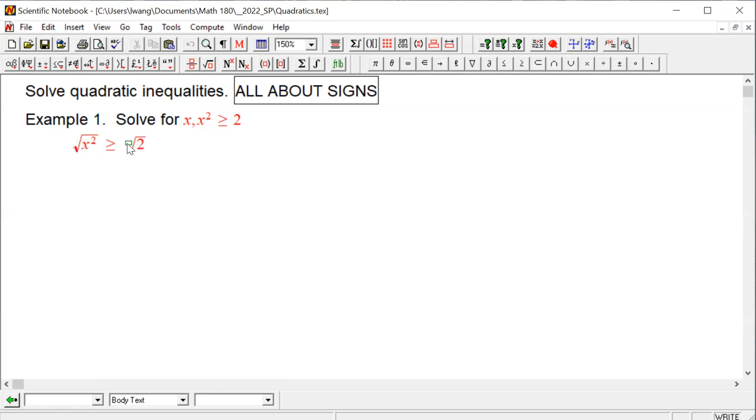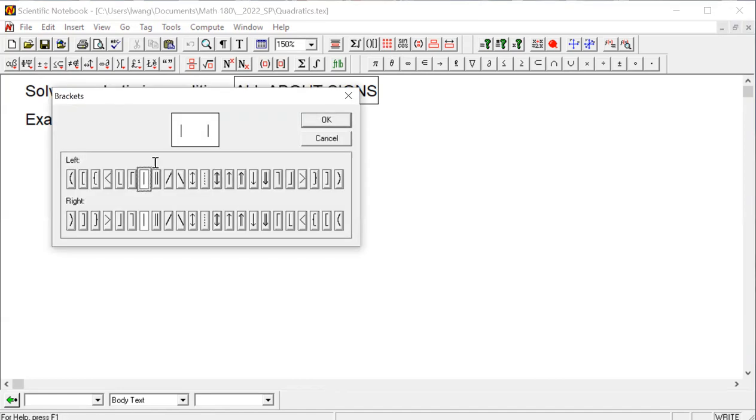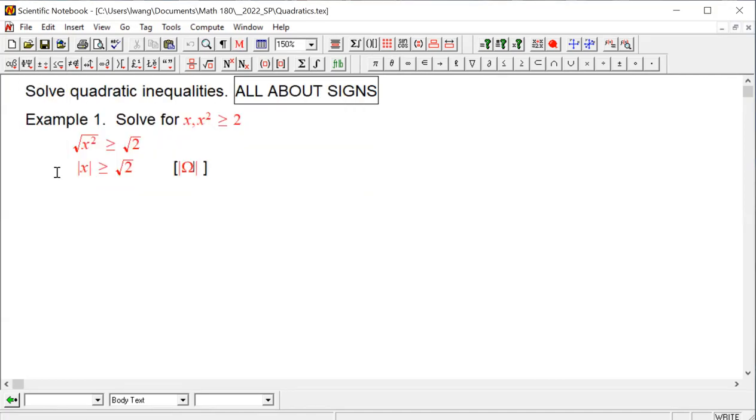So this is the 5th method, or you can call it whichever one. The absolute value of x on the left-hand side will be greater than or equal to the square root of 2. If you recall that we talked about solving absolute value inequalities, it's greater than or equal to the square root of 2.